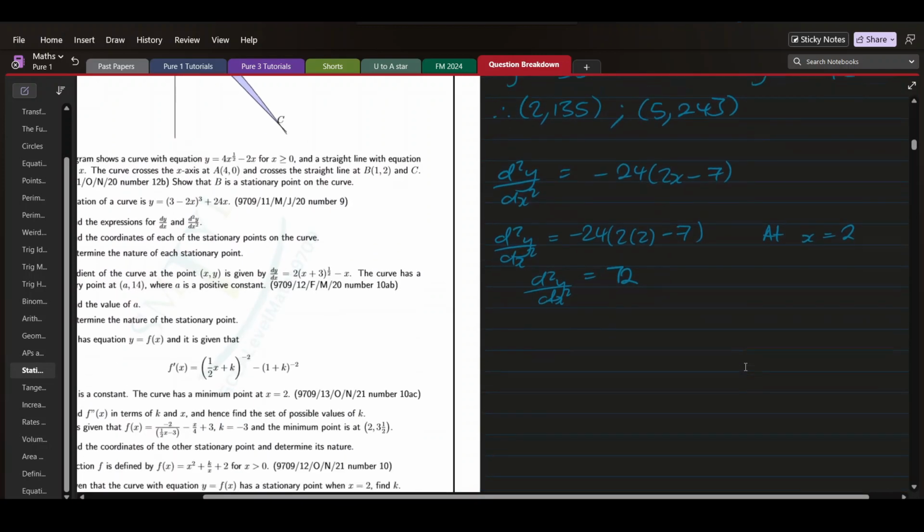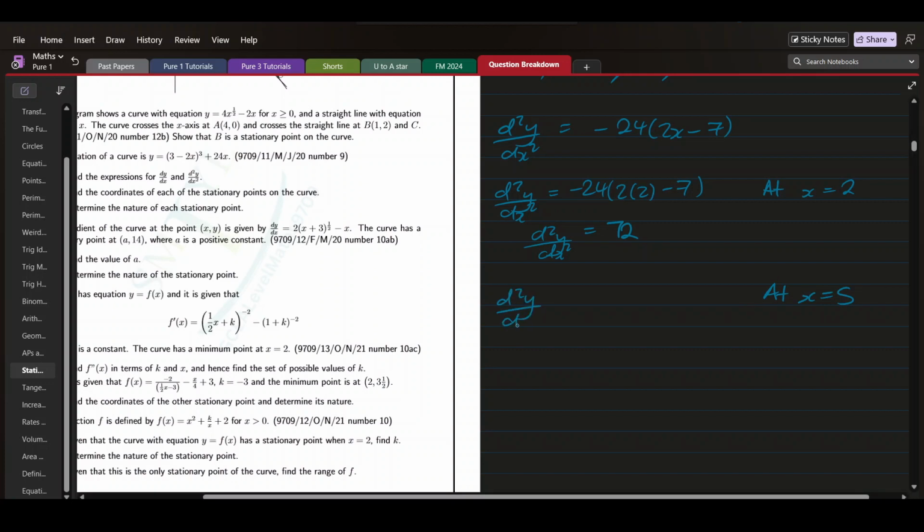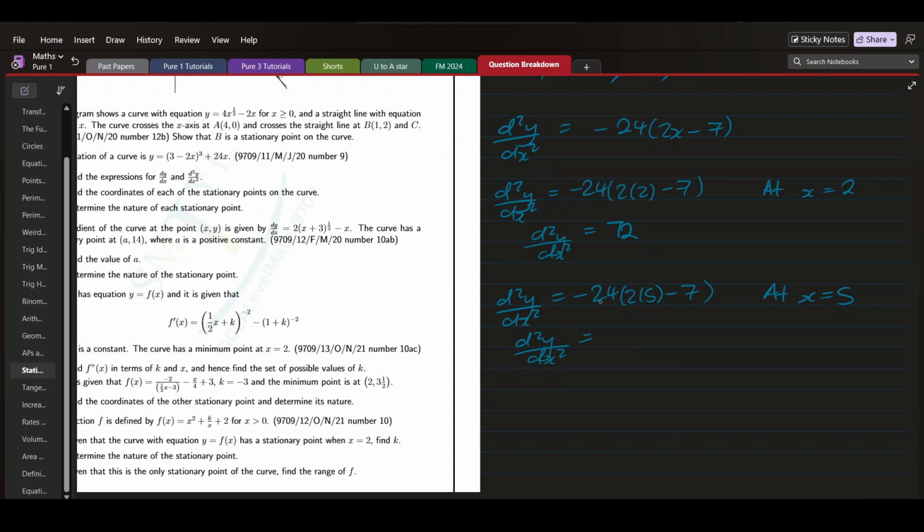Alright, and now let's evaluate at x is equal to 5. So d squared y over dx squared is equal to negative 24 times (2 times 5 minus 7), which is equal to negative 72.